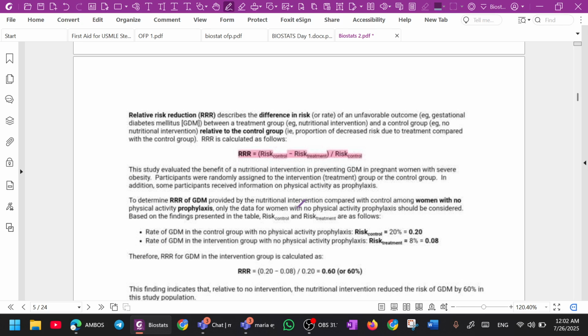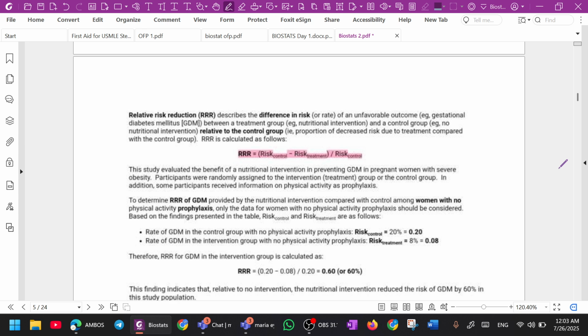The study evaluated the benefit of a nutritional intervention in preventing GDM in pregnant women with severe obesity. Participants were randomly assigned to the intervention group or the control group. Some patients received information on physical activity as prophylaxis. To determine the RRR of GDM provided by the nutritional intervention compared with the control among women with no physical activity prophylaxis, only the data for women with no physical activity prophylaxis should be considered.